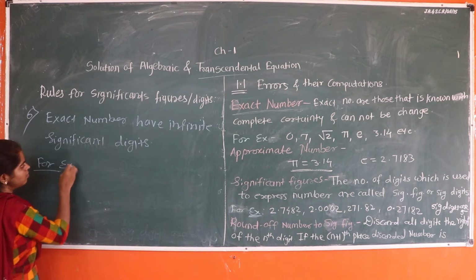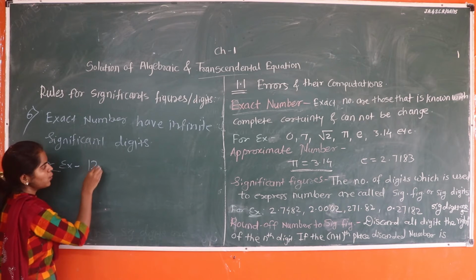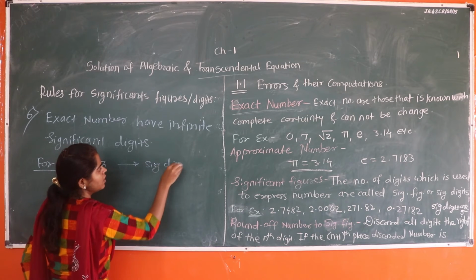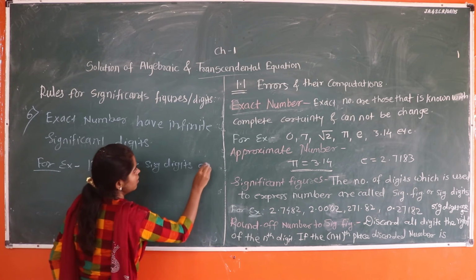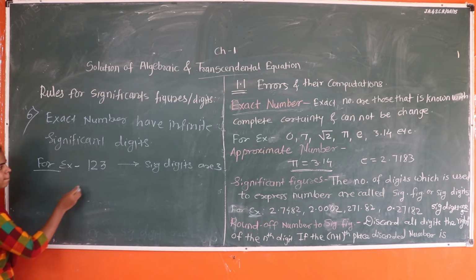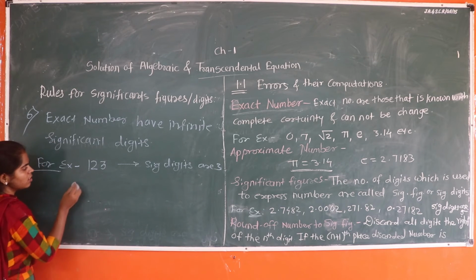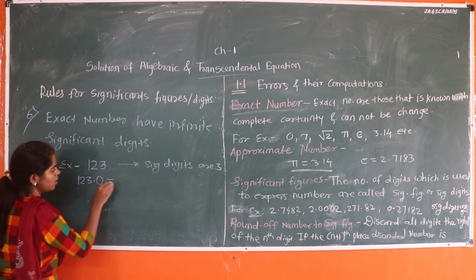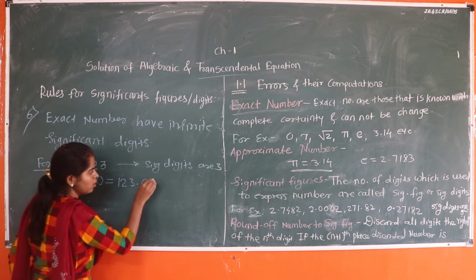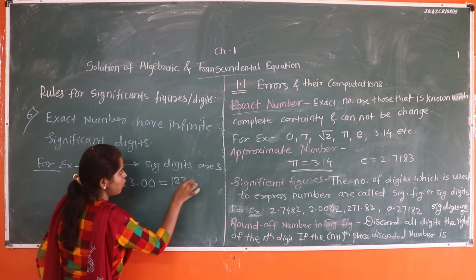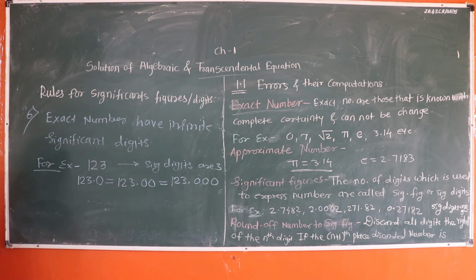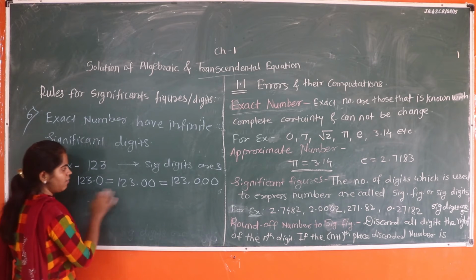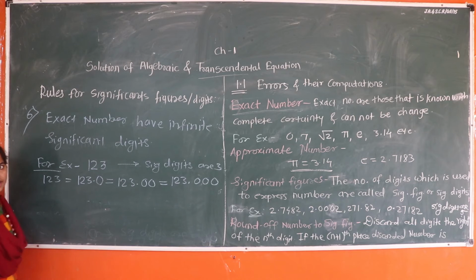For example, the number 123 has how many significant figures? 3. This can also be written as 123.0, 123.00, or 123.000. The value is not changed, we can write the number 123 like this, and the values are all equal.